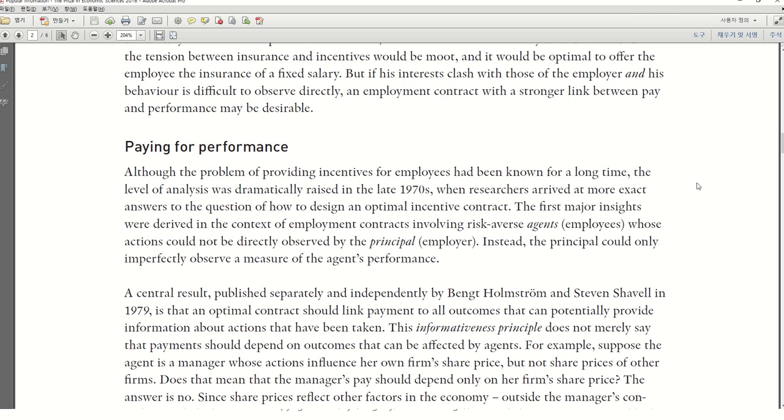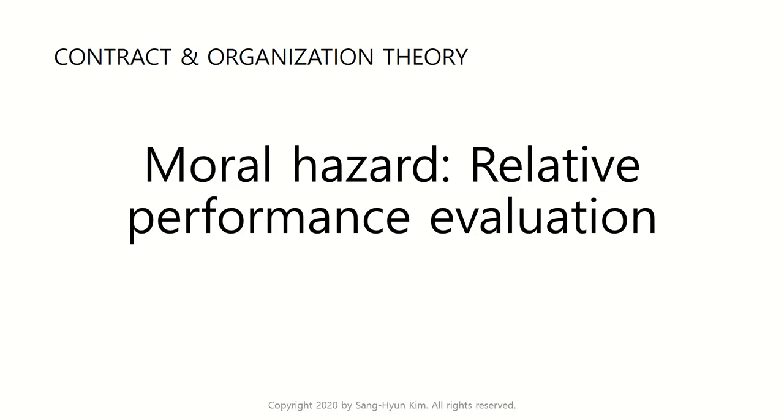Later, in 1979, two scholars, Bengt Holmstrom and Steven Shavell, came up with the informativeness principle. That's the topic I want to discuss today, and probably for a couple of days, and that's the topic that will be discussed in this lecture.